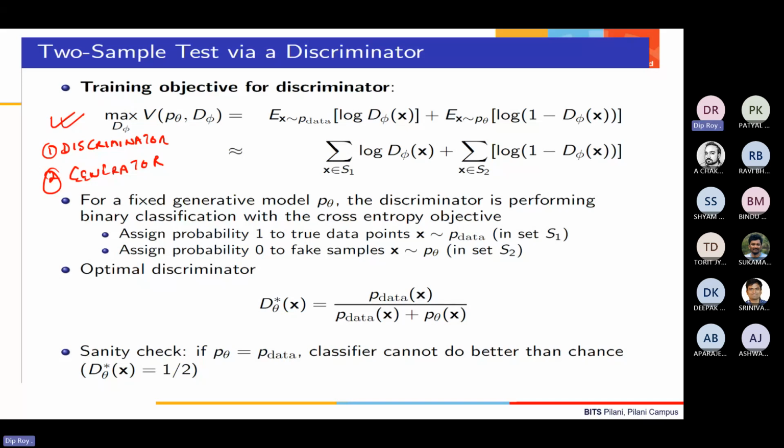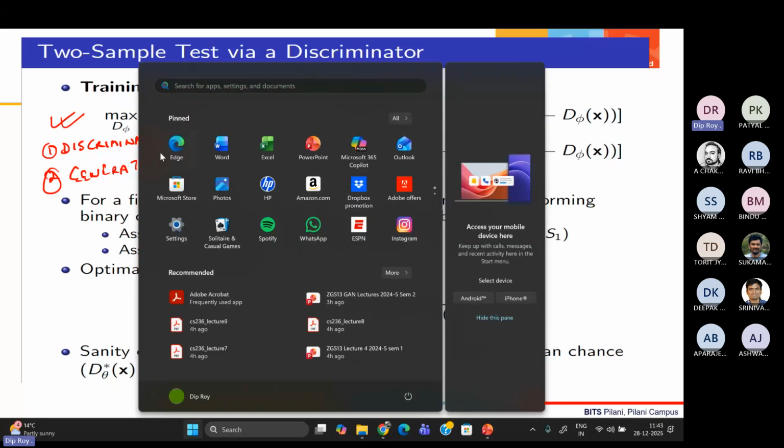But after a lot of training, after playing this game multiple times, if my generator is able to fool the discriminator and the discriminator is no longer able to distinguish between the samples from the model distribution and the samples from the true distribution, that means both the distributions are the same, and my model has been trained. Any questions on this? Are you able to visualize this particular thing?